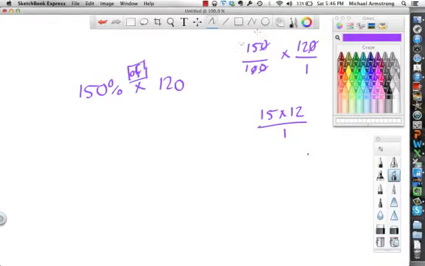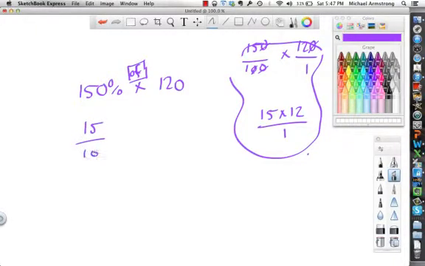And this is one way. This might be a fine way to do it. You could also simplify right away 150 over 100 down to 15 over 10, and then simplify that a little farther by dividing by 5, which is 3 over 2. So 3 halves is the same as 150%.